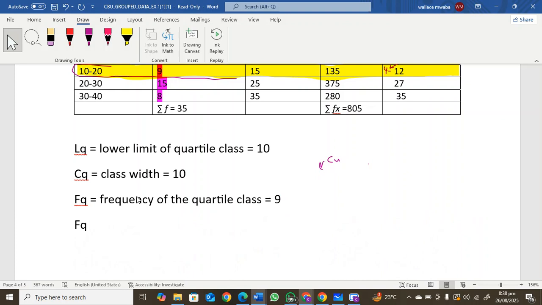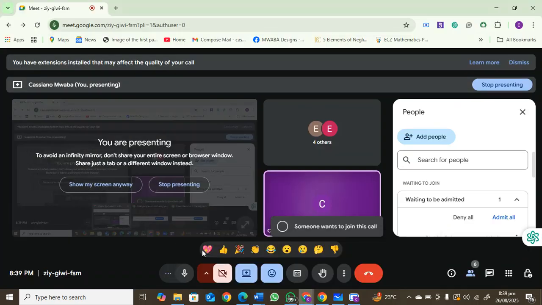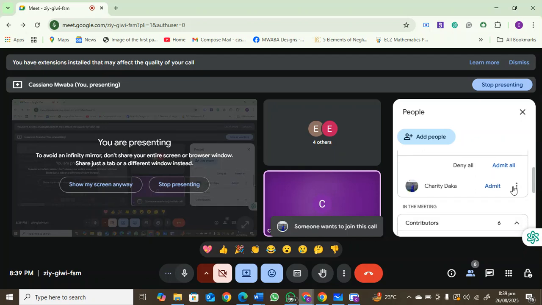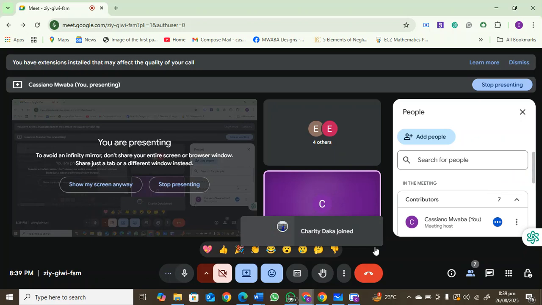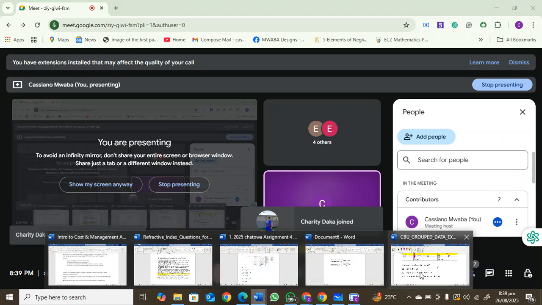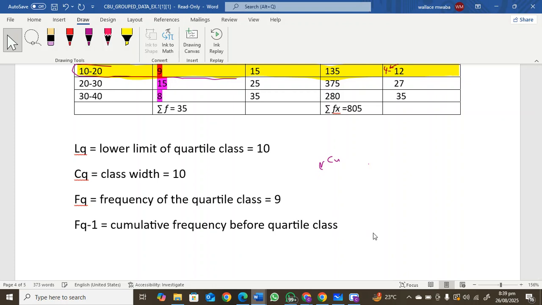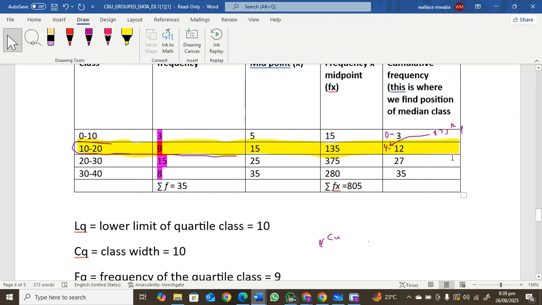F(Q-1), the cumulative frequency before the quartile class, is 3.